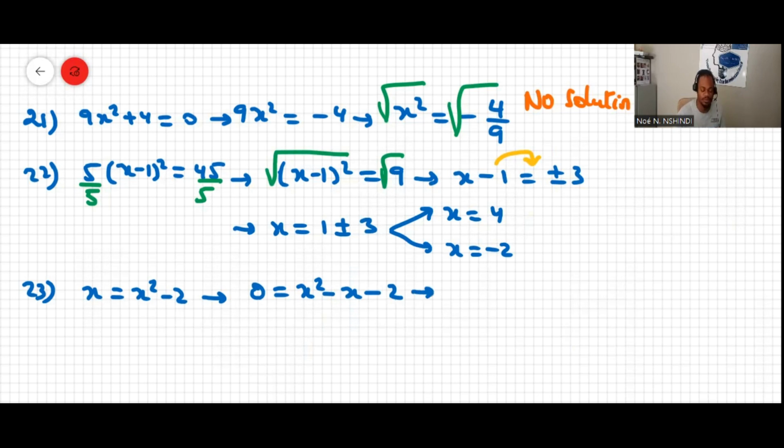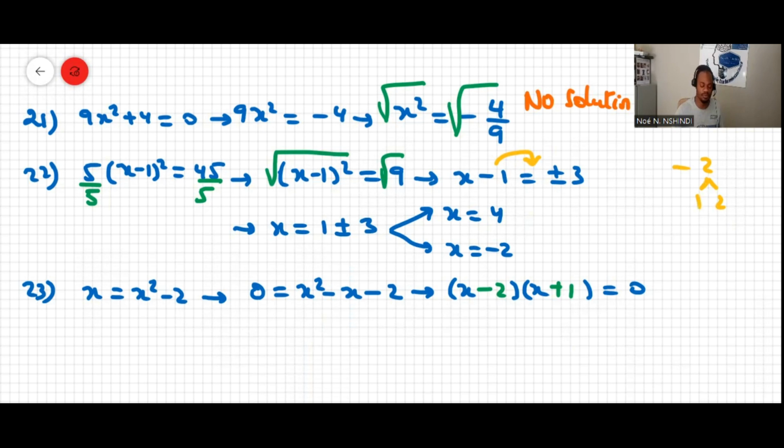And then x in the bracket like that. Factors of 2 are just 1 and 2. So to get -1, it has to be -2 and +1.